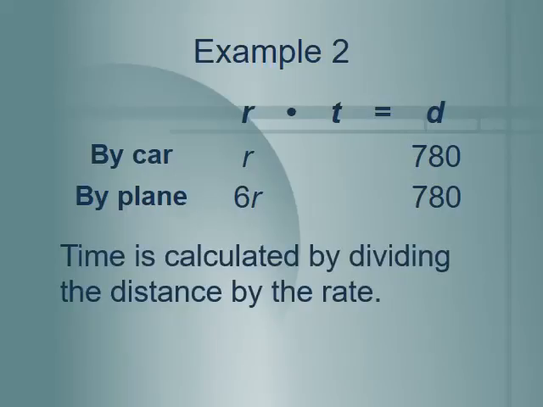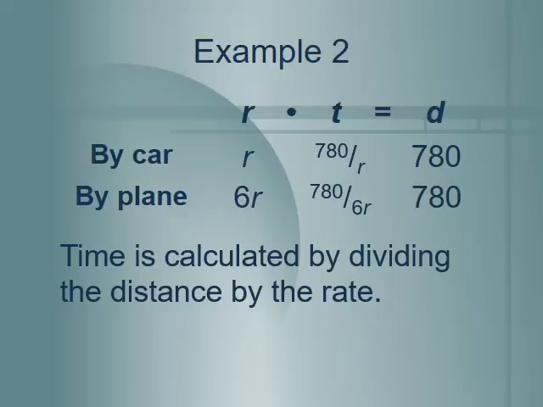So let's think about how that might work. First of all, we need to think about the fact that we decided that distance divided by rate gives us our time, because we don't know the time for the car, or we don't know the time for the plane either. We just know that it's shorter than the car.